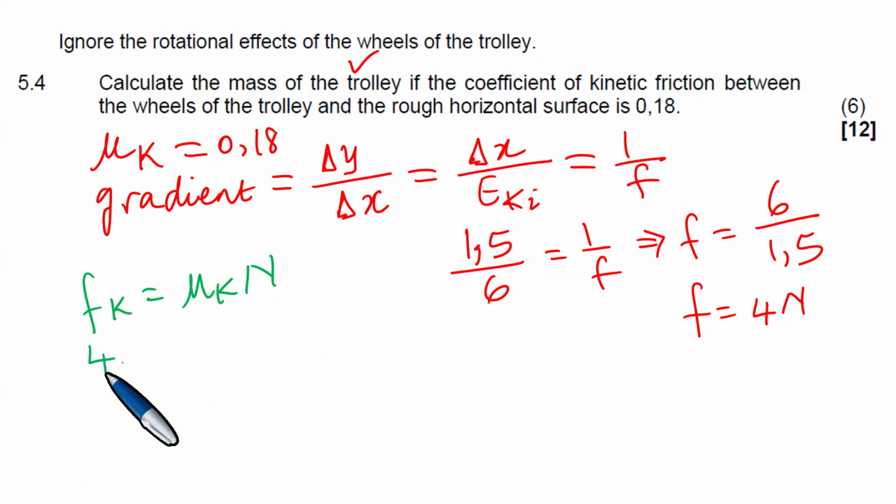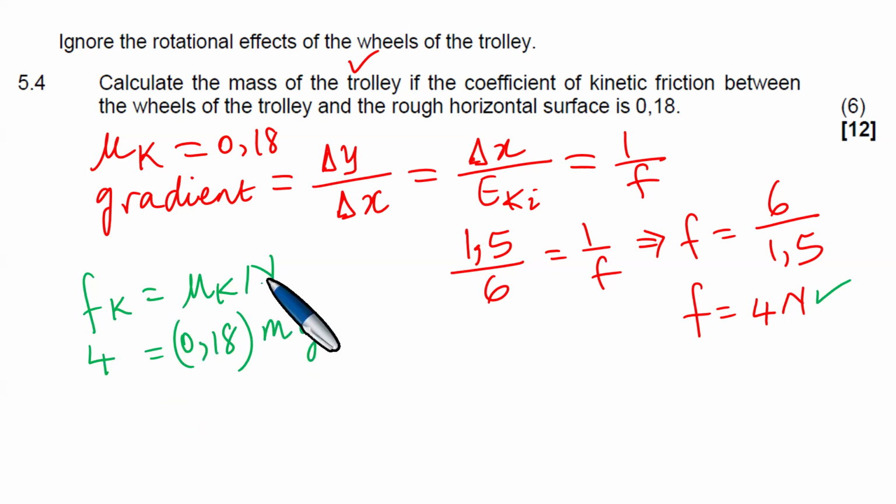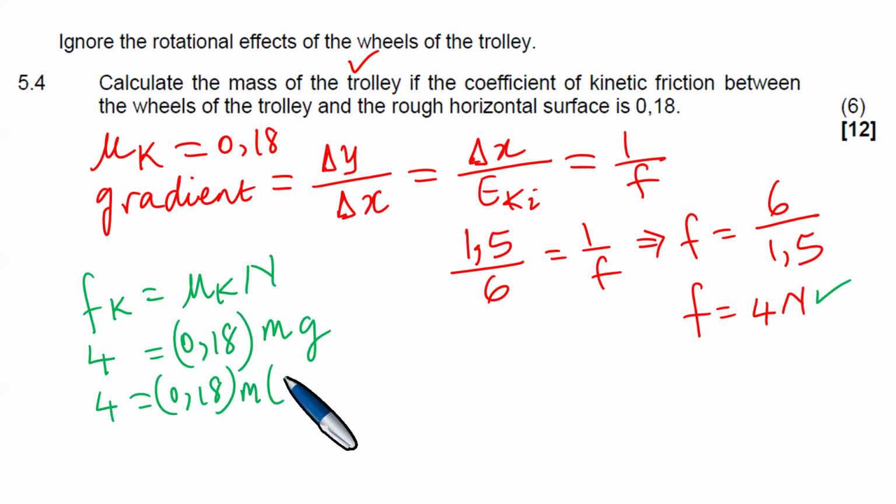The force of kinetic friction, we've already got it, it is 4 here, which equals mu, the coefficient of kinetic friction, which is 0,18. And now the normal force becomes mg, which means F is 0,18 multiplied by the mass multiplied by 9,8 meters per second squared.